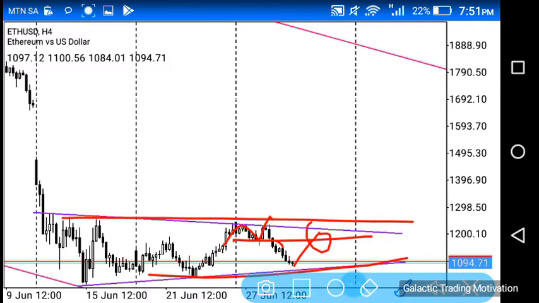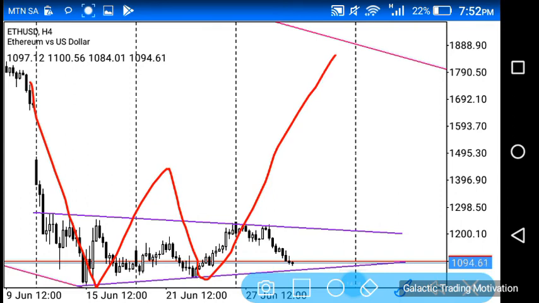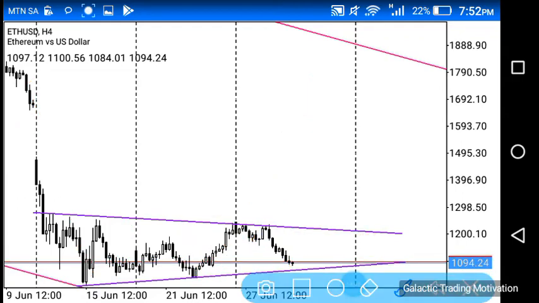So as much as we're saying that we see this structure possibly happening, we need to keep this information in the back of our minds, because what may actually happen is price from where it is may come to this level to retest it and then push further down to those other levels that I spoke about on the bigger time frames, right?